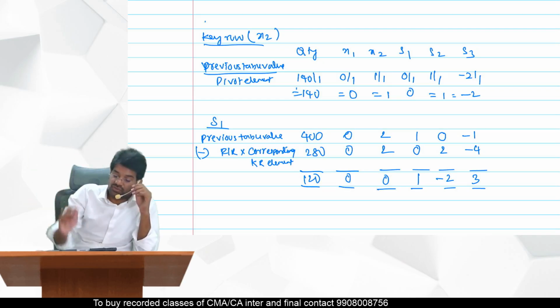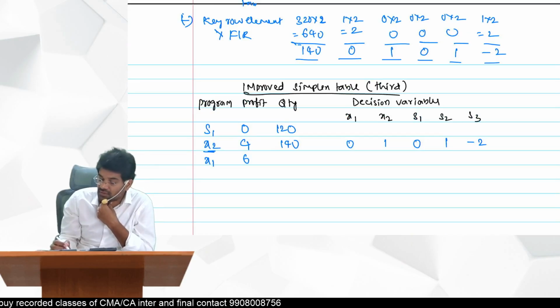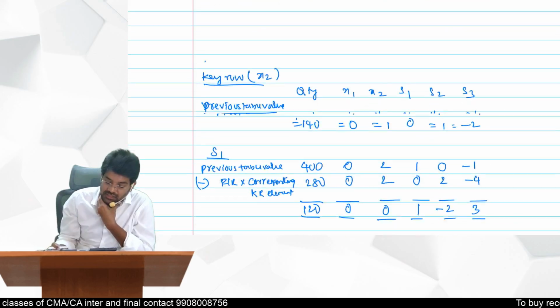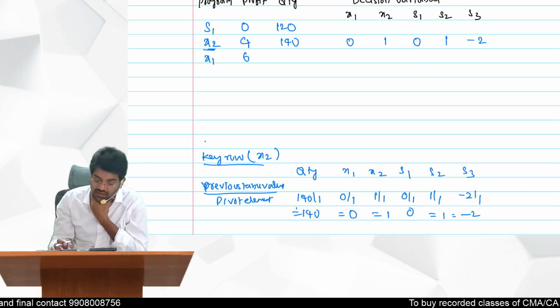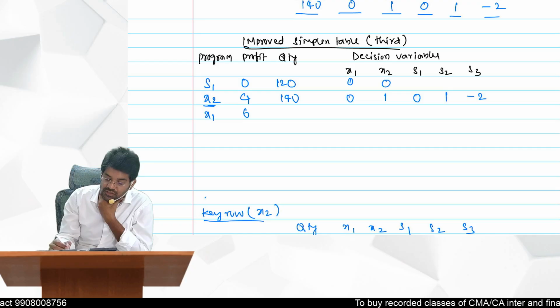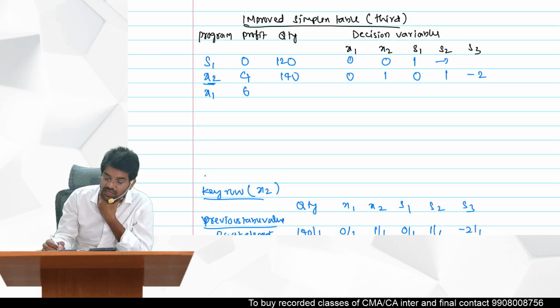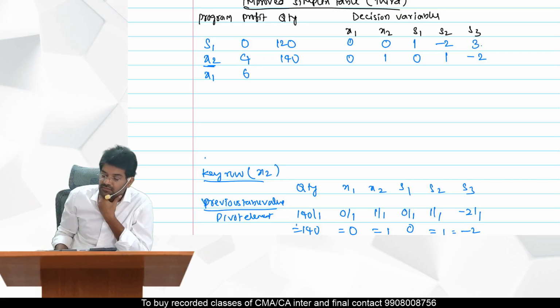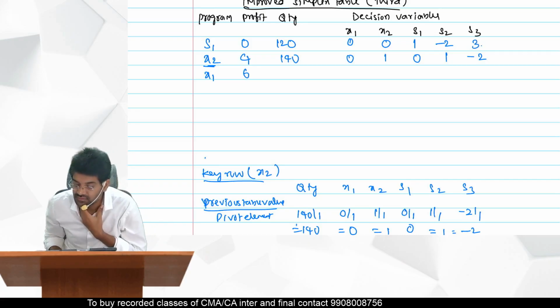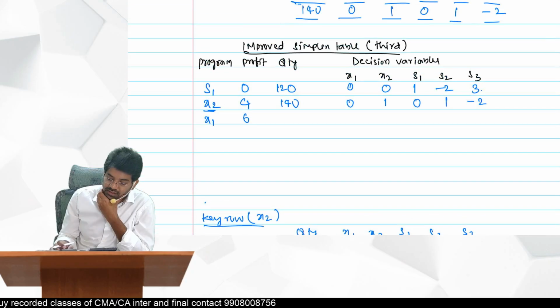This is the S1 row. So 120, 0, 0, 0, 0, 1, minus 2, 3. Next one is x1.